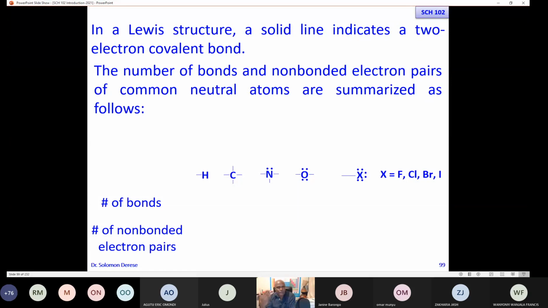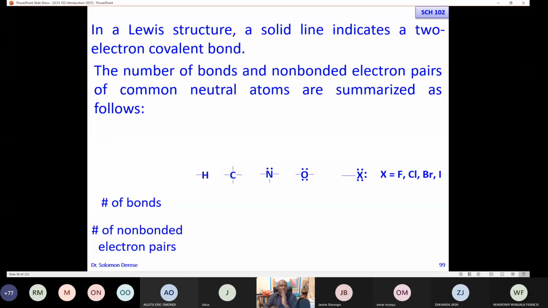So carbon forms 4 bonds, as in the case of methane, CH4, where the carbon has formed 4 bonds with the 4 hydrogens. Of course, when it forms these 4 bonds, it does not have to be single bonds. It can be a double bond, it can be a triple bond. But when you count the number of bonds it has formed, you'll find there are 4.